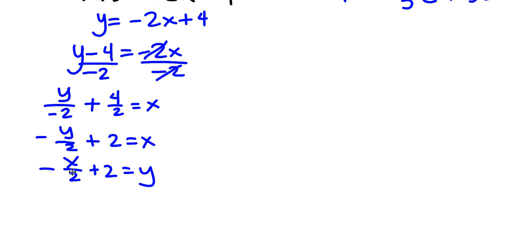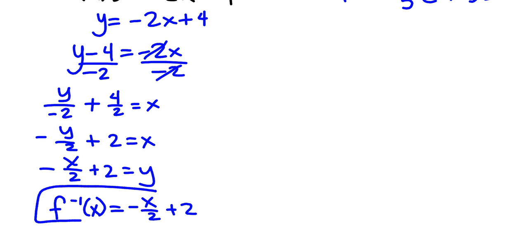My original one was f of x, so I'm going to write f inverse of x. The inverse, remember, we write with the -1 like an exponent, but it has to go between the f and the x. So f inverse of x is what we say, but we write it with that -1. So we solved for x, we switched our variables at the end, and then we wrote it in inverse notation.